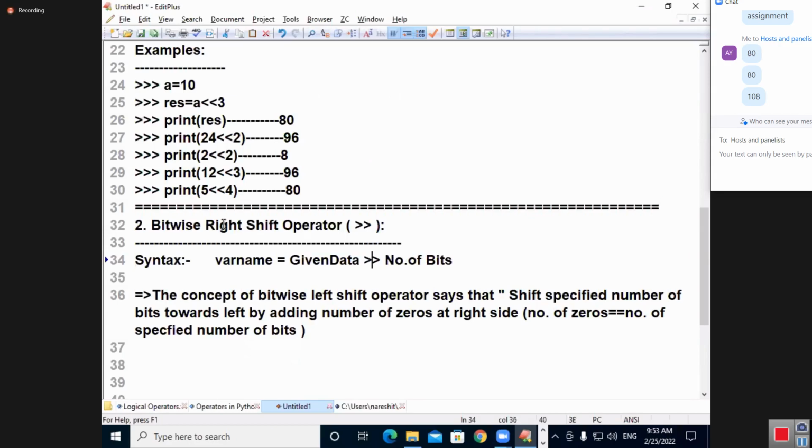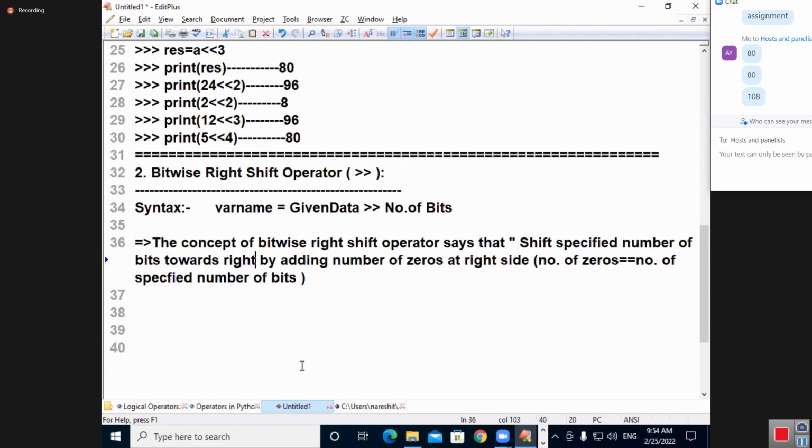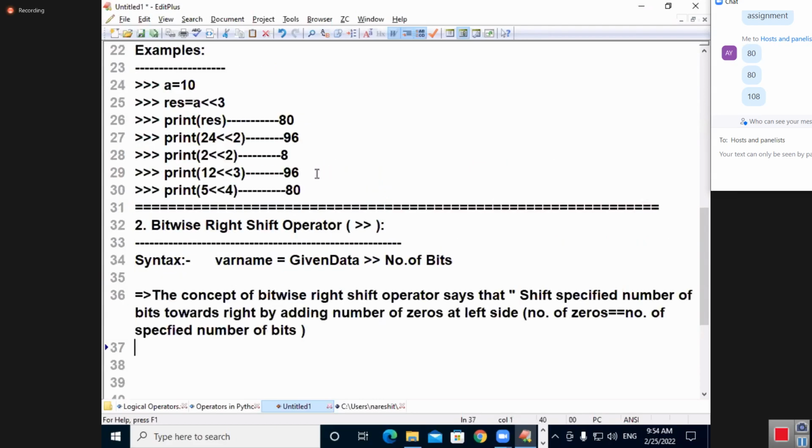The concept of the bitwise right shift operator says that shift the specified number of bits towards the right, by adding zeros at the left side. The number of zeros is equal to the specified number of bits. It is just the opposite of left shift.